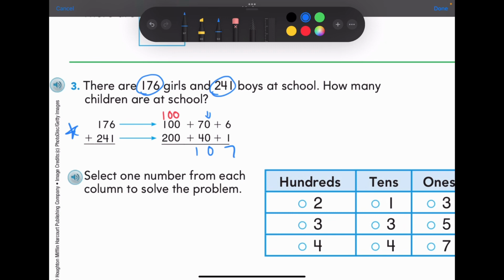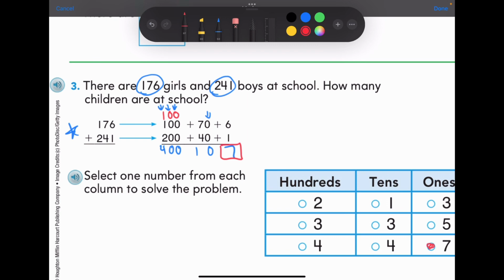Now I'm going to say, looking in this ones, 0 plus 0 plus 0 is 0. In the tens, 0 plus 0 plus 0 is 0. And then finally in the hundreds in that, 1 plus 1 plus 2 is 400. Right, so we have 7 in the ones.